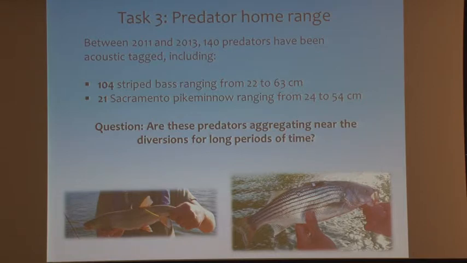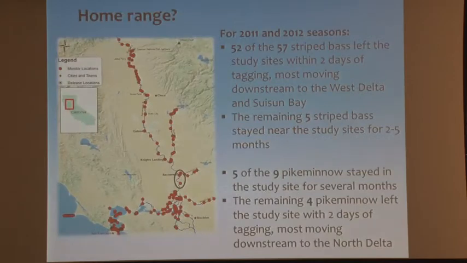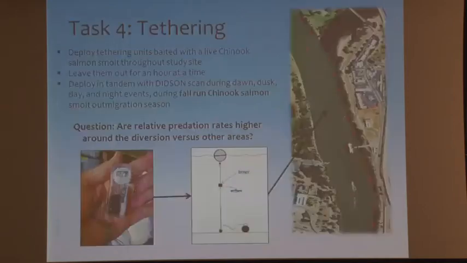And they've found that the striped bass are coming and going fairly rapidly. And the pike minnow tend to be more resident at these sites. So it's a bit of a problem that if you wanted to try to get rid of the predators near these sites through fishing them or whatnot, the striped bass will tend to just keep coming back, I think.